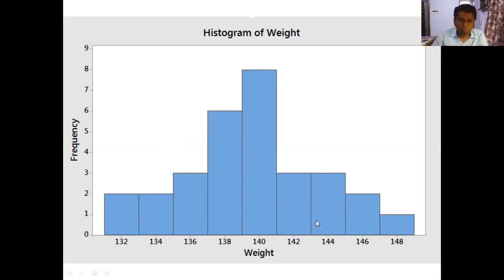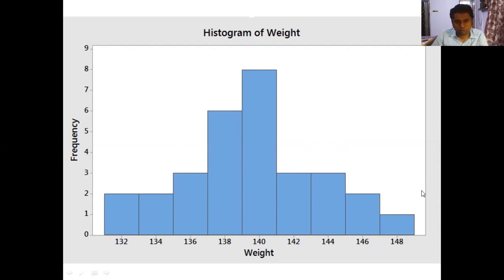So mostly, the more you move towards the mean, the middle value, the higher the frequency is. So this is a symbol of normal distribution.